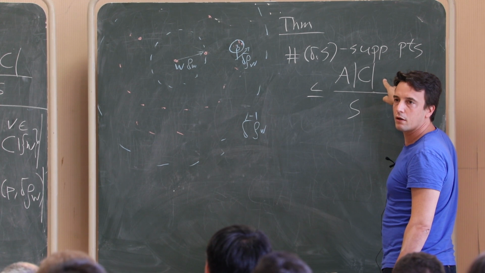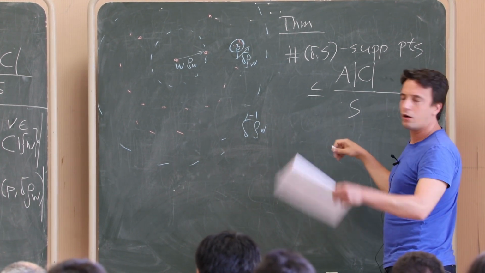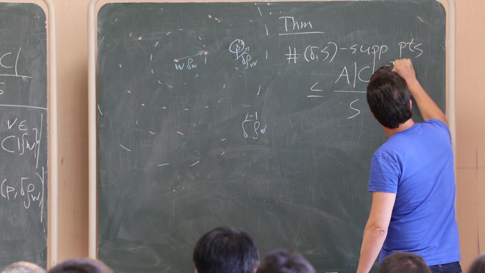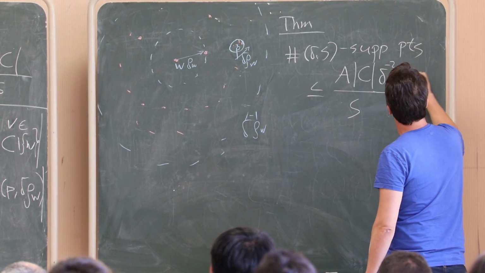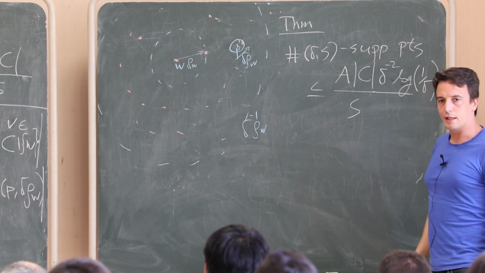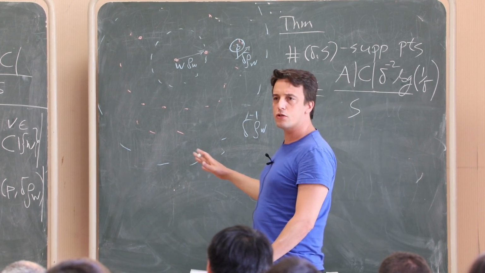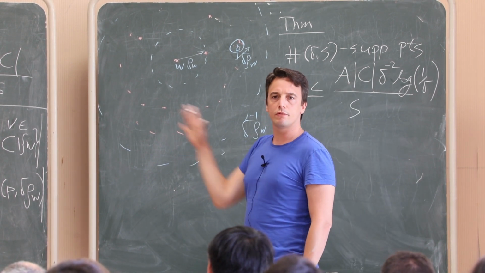For right now we can think of delta as small but fixed and S as very large. Later it will be important that what's written here is a polynomial in delta. Do we have any questions about the statement and what we proved so far?